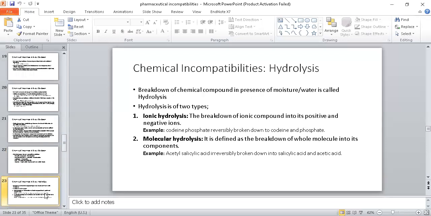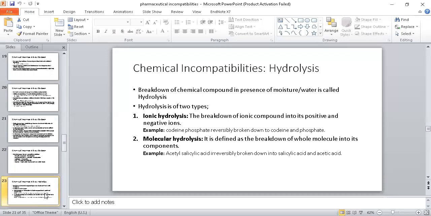After oxidation, there is hydrolysis. What is hydrolysis? Breakdown of a chemical compound in the presence of moisture, water, is called hydrolysis. Hydrolysis is of two types, ionic hydrolysis and molecular hydrolysis. Ionic hydrolysis is the breakdown of ionic compounds into positive and negative ions.